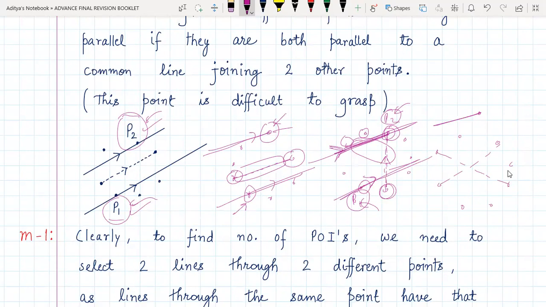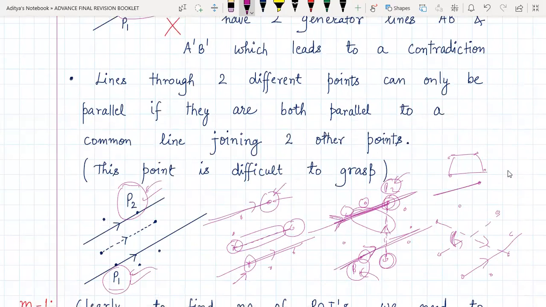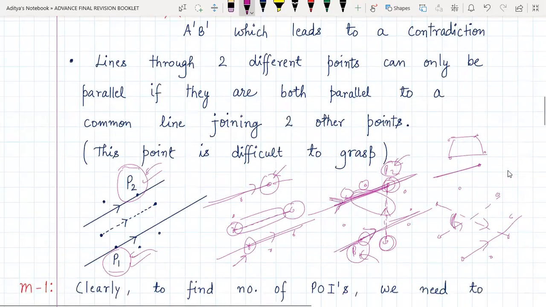So the line through this point must be parallel to this also, and it must be parallel to this also. It means these two must be parallel. But that is again a contradiction, because if there are two generator lines that are parallel, trapezium formation would take place, which is again given in the question not to be the case. So that's how we can prove that there will be a unique common generator line, if two lines through two different points are parallel.